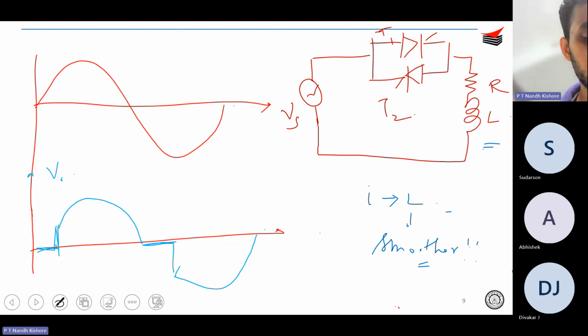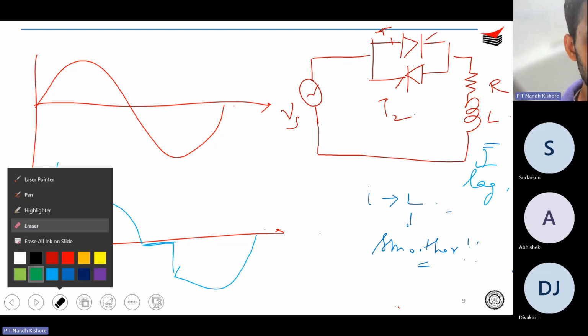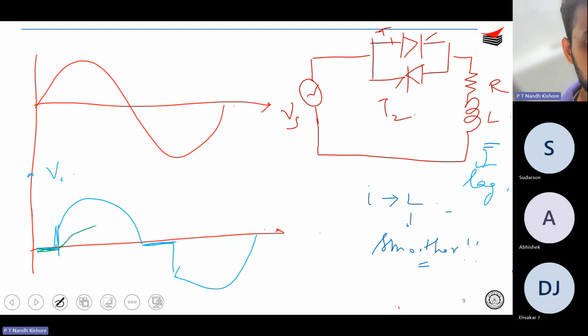Ideally, what you would expect is, because of this L, you're going to get a lag, obviously, right? Your current will start from zero over here, and it may not necessarily end at this point itself. It may end over here.